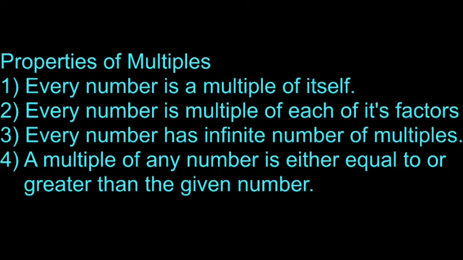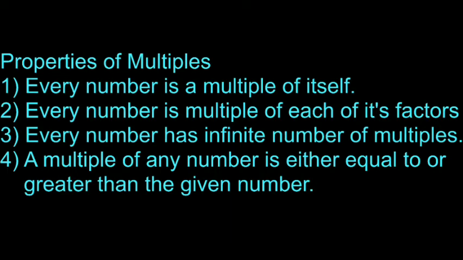Third point, the property of multiples. Every number has an infinite number of multiples. In case of factors, we said every number has a finite number of factors, but in case of multiples, infinitely many multiples are there.